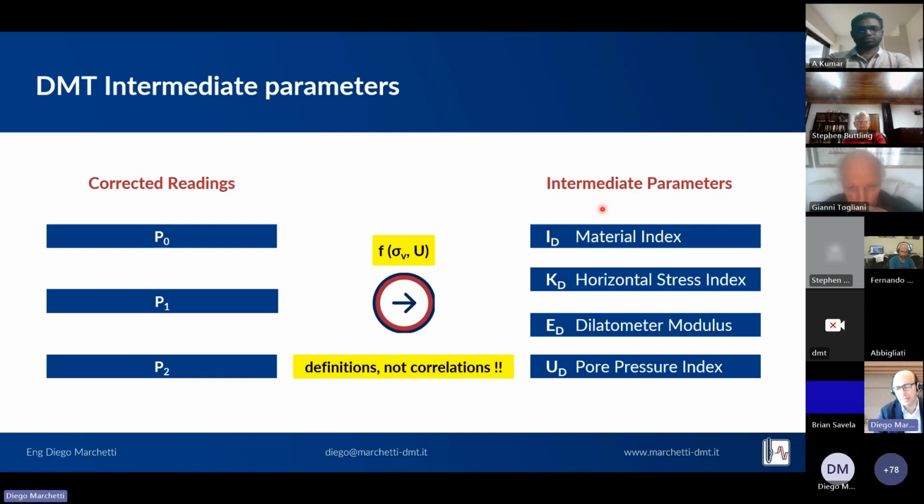To calculate these intermediate parameters, also the vertical stress and the water pressure are provided into the program. These evaluations of intermediate parameters go through definitions, not through correlations. So they have no degree of uncertainty.